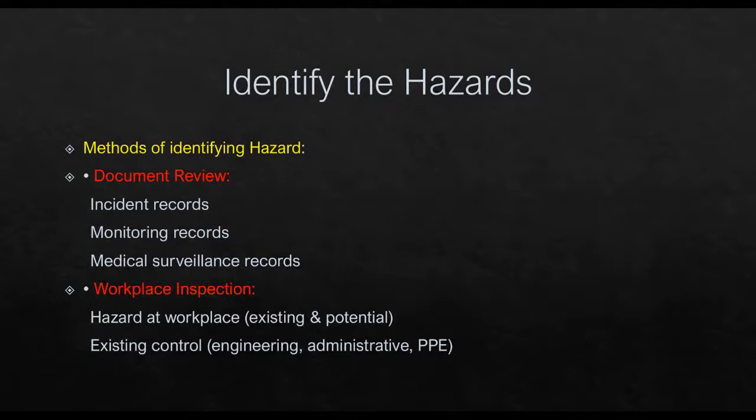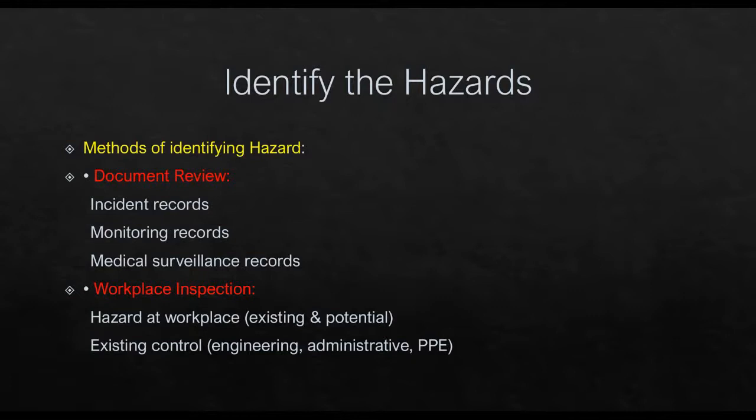And then the second method is by workplace inspection, by doing the inspection. Inspection is very important because without the inspection, we don't know the hazard. We will not notice the hazard. So inspection in the HIRARC process is compulsory.